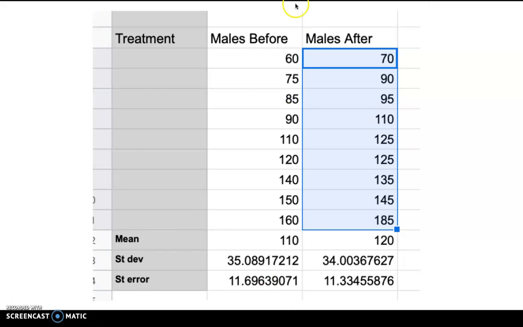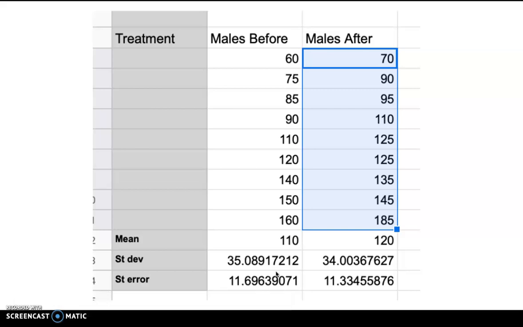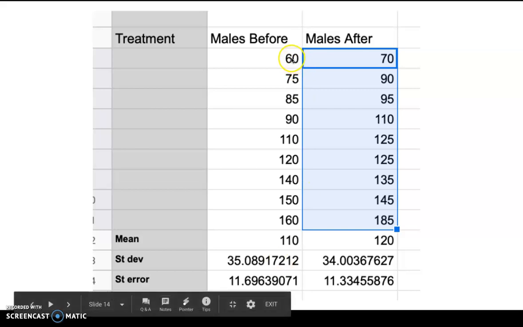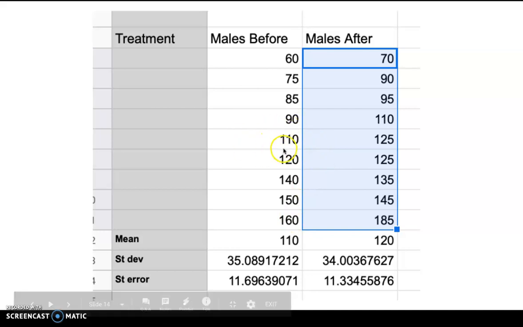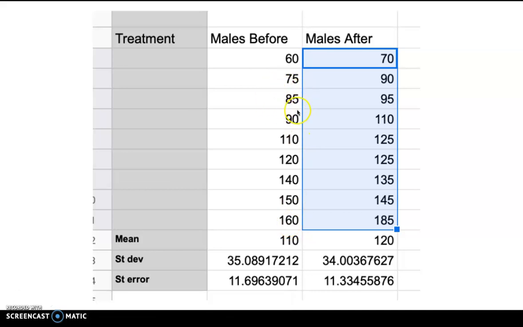I've sorted it, and it's really easy to sort data in ascending order in Google Sheets and Excel and Numbers. But here we can see it goes from 60 to 160. So the median, the middle value, is 110. The lowest is 60. The highest is 160. And then the lower quartile is 85, and the upper quartile will be 140.